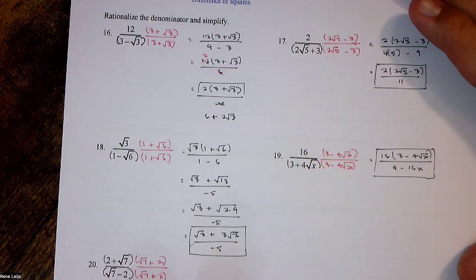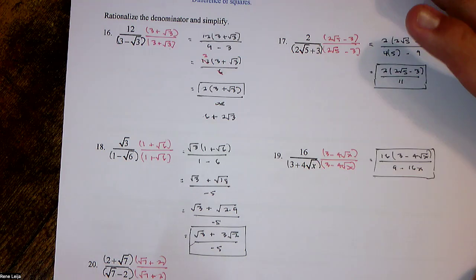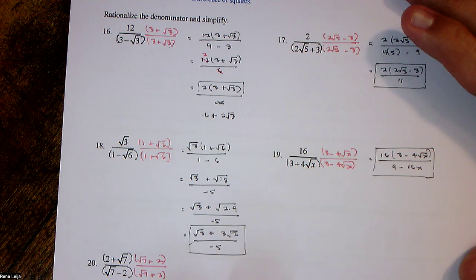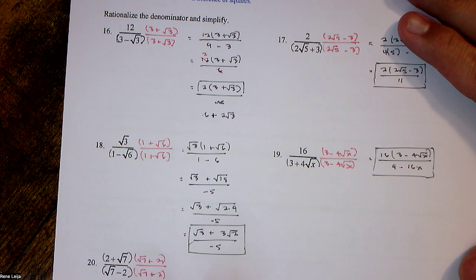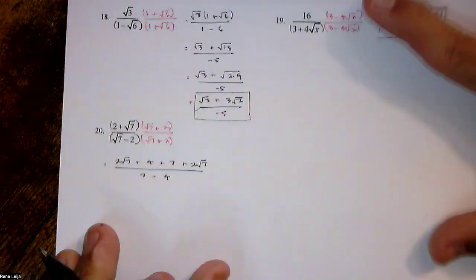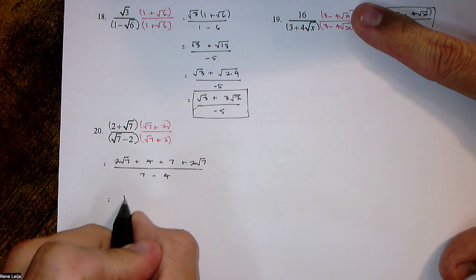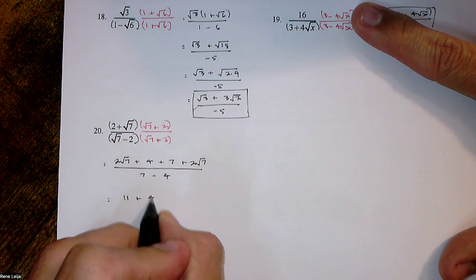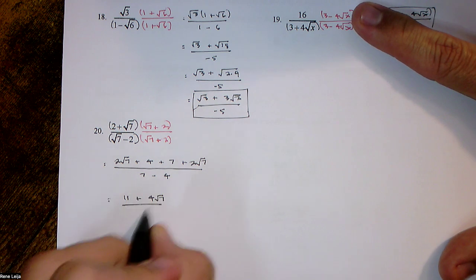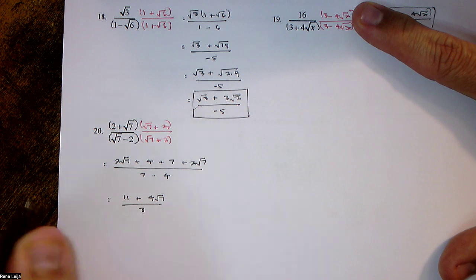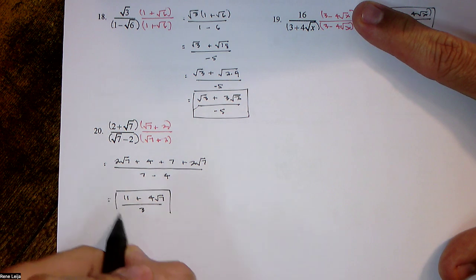Inner is going to be root 7 times root 7, which is just 7. And then last is going to be 2 root 7 all over root 7 times root 7 is just 7 minus 2 times 2 is 4. All right. So now we have 11 plus 4 root 7 all over 3. And there's nothing else that I can do to simplify it.